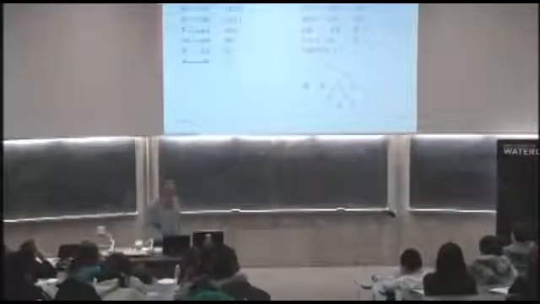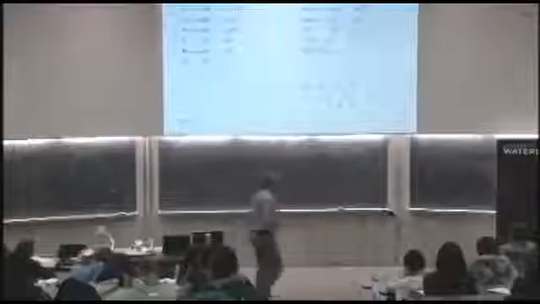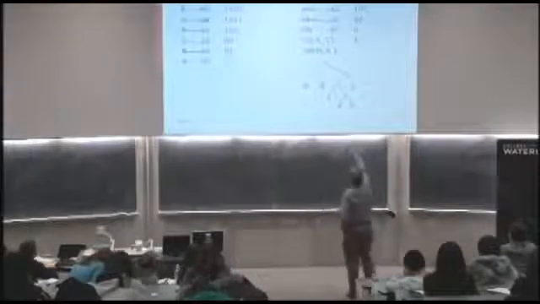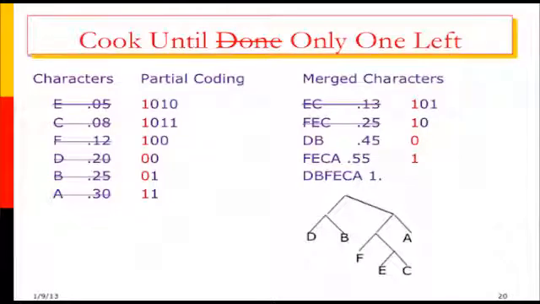And I put them together, and the DB happens to have a lower probability, so I stuck it to the left arbitrarily, and I get this. And this diagram here indicates the code. So the probability of getting one of DB, FECA is probability 1. And you notice that the letters happen to be ordered in such a way that there are no obscene comments on the example. One must always check these things. Okay, so that would be fine.